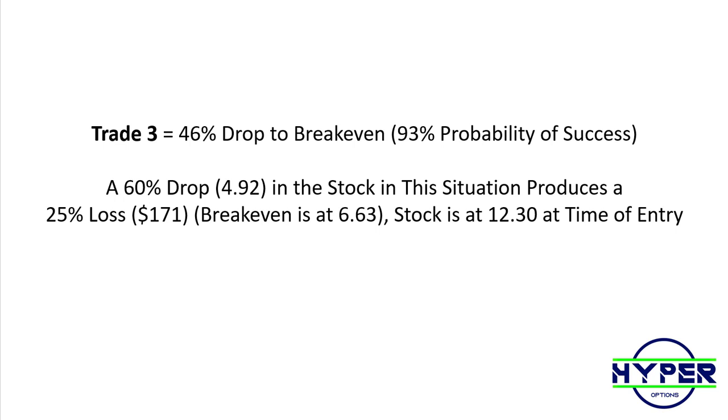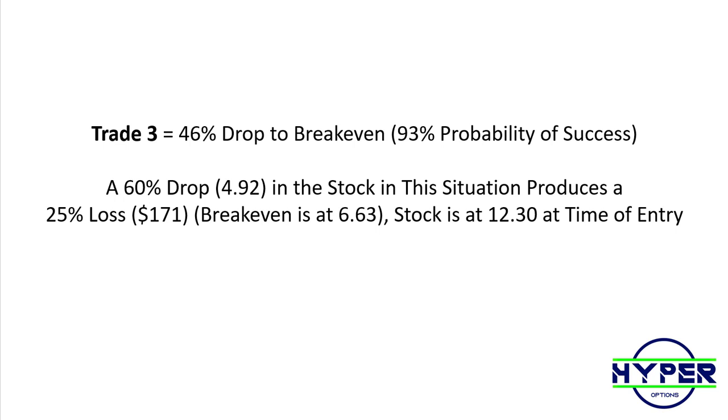Plus, I've already had 2 profitable trades, so you got to add that into the mix as well. And so instead of $171, if you add the 2 profitable trades, you're talking about a net of $71. I would be down $71 after 3 trades if the market now on the 3rd trade dropped to 492.